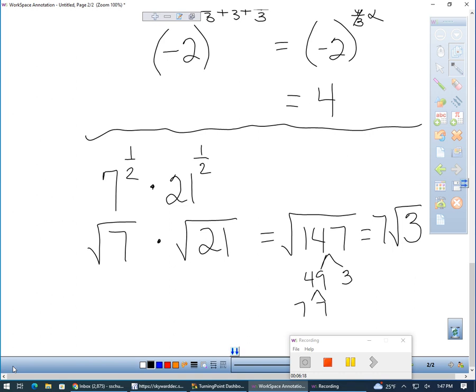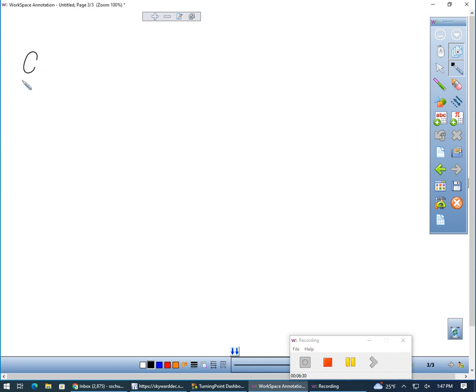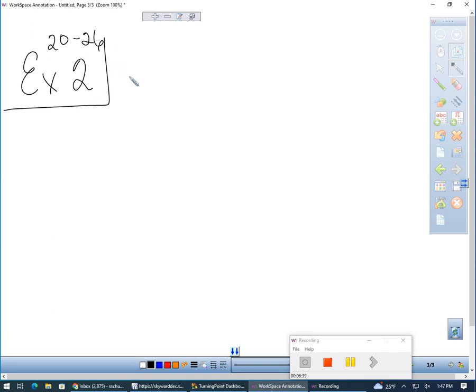Any questions so far? How are we doing? Okay, let's go to example number 2. This is going to work with 20 through 26, and it just says write in radical form.